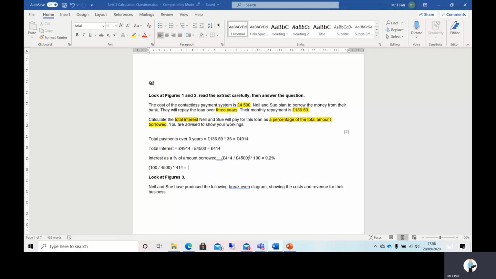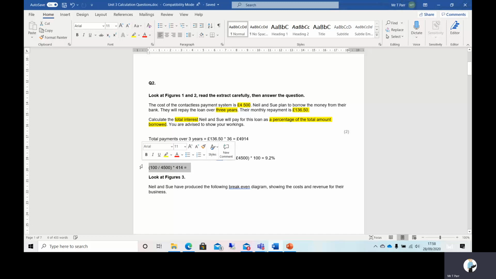Let's have a look. As I said, there's more than one way of doing it. Oh, I've done that completely wrong. Let's try that again. 100 divided by 4500, times 414. Yeah, that comes up as 9.1999 recurring. As I said, there's different ways of doing it.